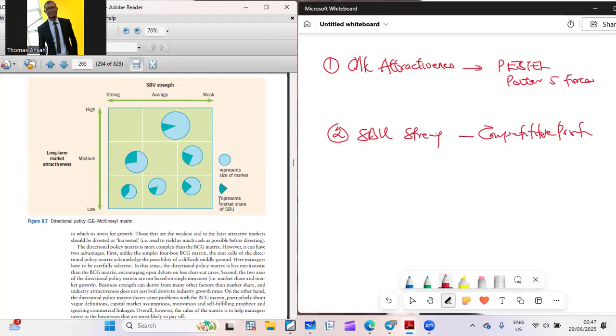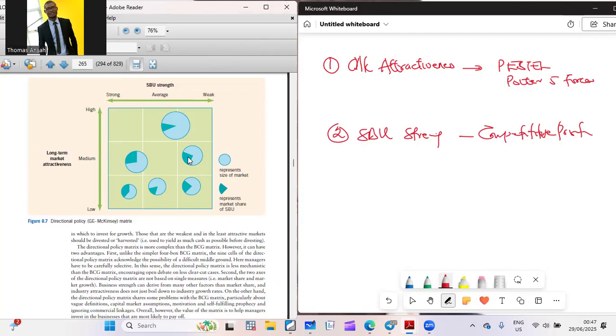Your share of the SBU, there is more room for growth, as you can see. And this one represents the market. But here, you don't have anything, so you hold.